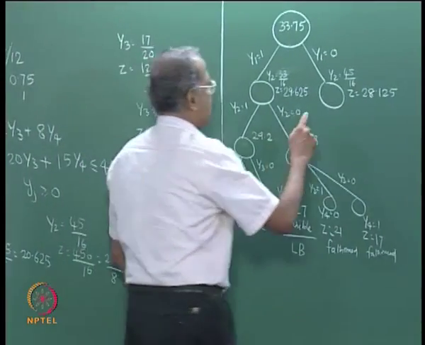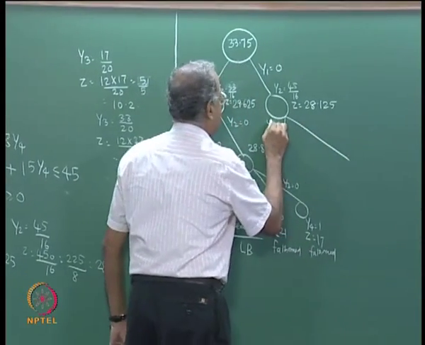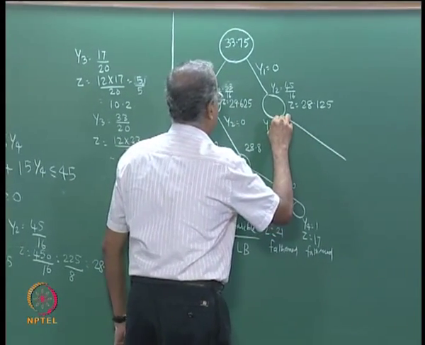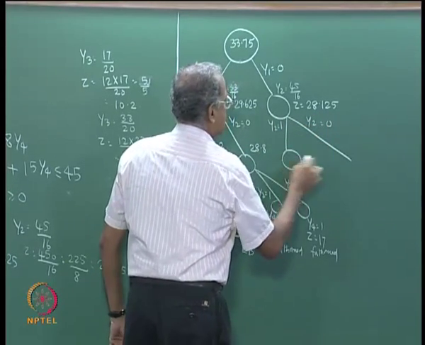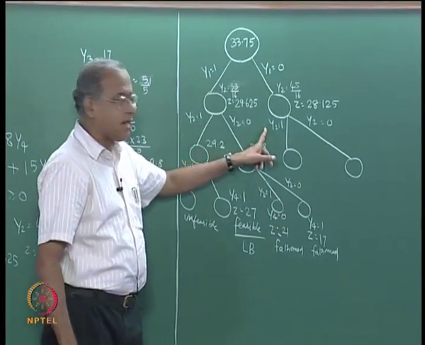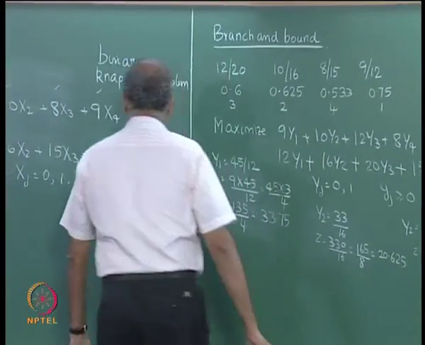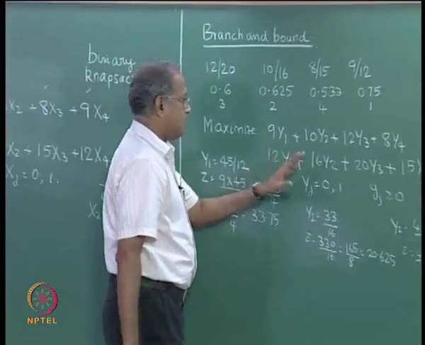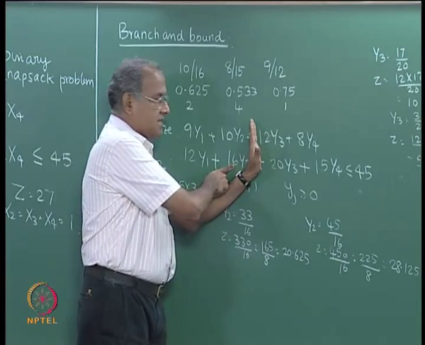So, now we proceed here with y2 taking a value 0 or 1. So, this is y2 equal to 1 and this is y2 equal to 0. So, this gives us 2 nodes. This is y1 equal to 0, y2 equal to 1, both of these are fixed. So, y1 equal to 0, y2 equal to 1 means we use 16 units here.